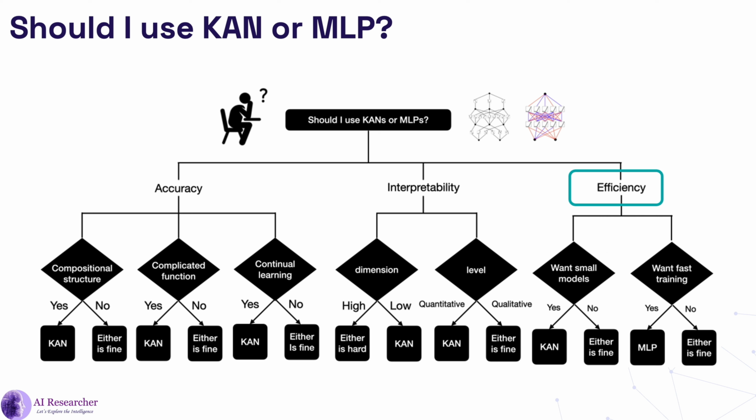For this scenario, when fast training is important, MLP might be a better choice, not KAN, as they are typically less complex to train compared to KAN, which might require more setup for training. So this framework actually helps us in selecting the appropriate network, whether we should go with KAN or MLP.